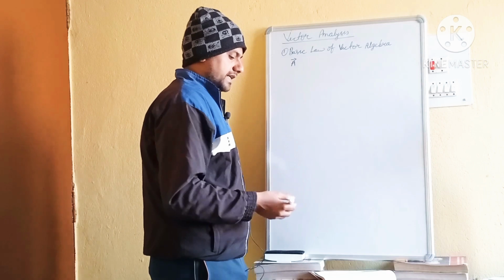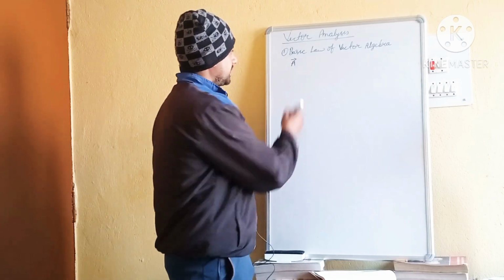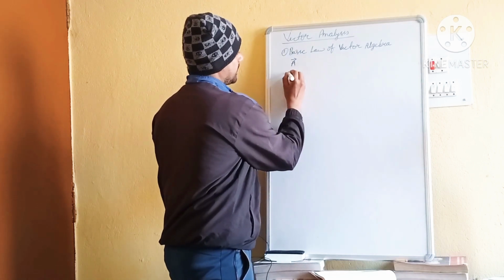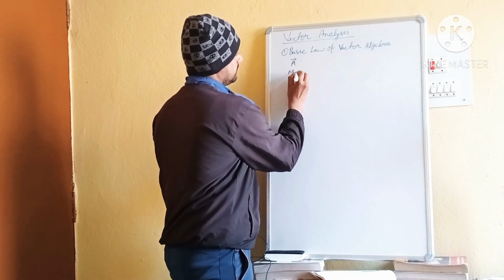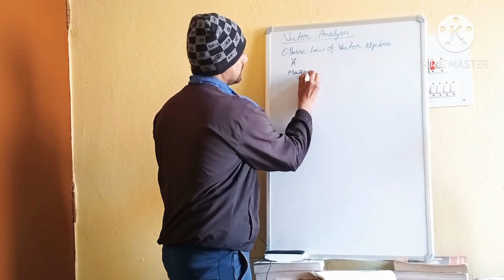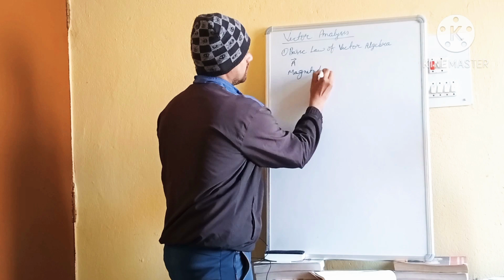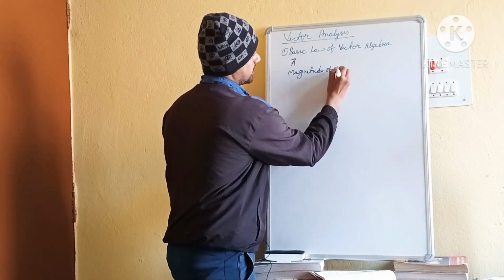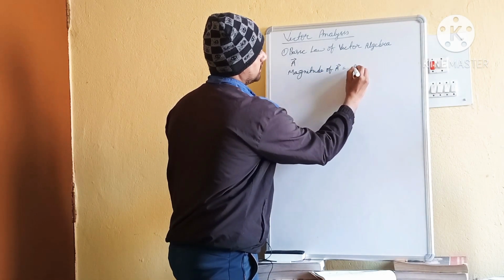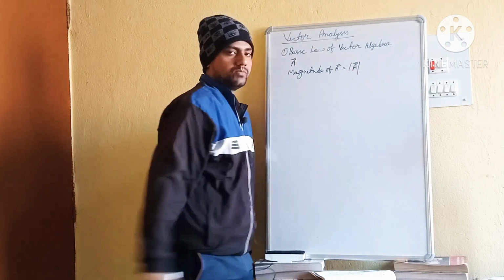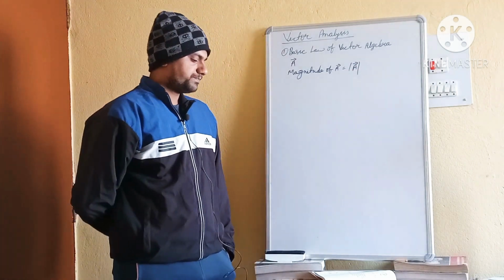And the magnitude of the vector can be represented by the modulus. For example, here I can write the magnitude of vector A like this, the mode of a vector.